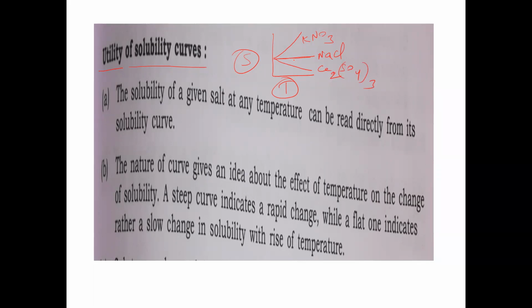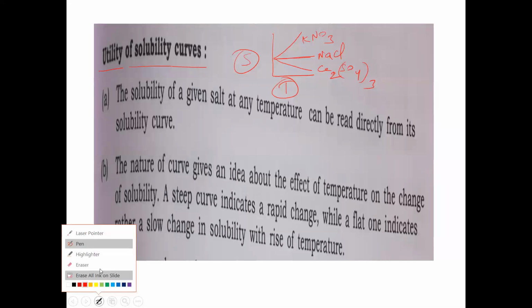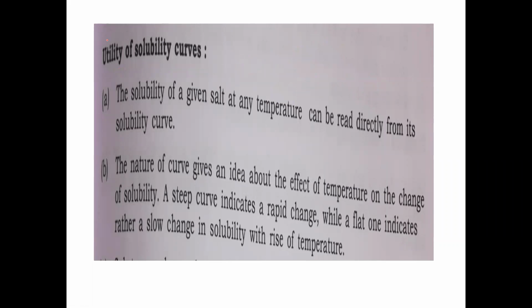So these curves are called solubility curves. How are they used? The utility means usage of solubility curves. First, the solubility of a given salt at any temperature can be read directly from its solubility curve.